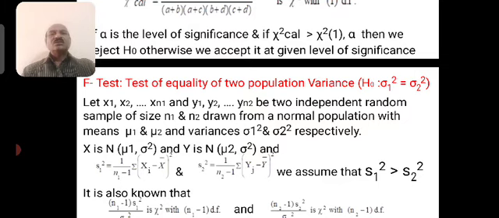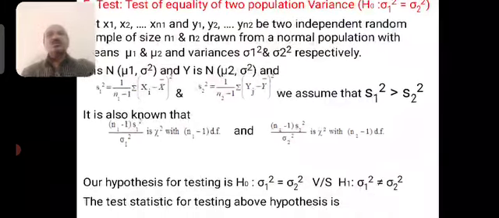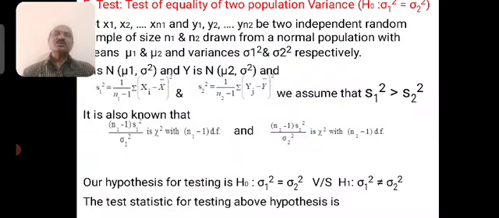Therefore, it is a known result. What are the known results? As already seen in the chi-square test, n s square by sigma square is chi-square. But instead of s, we will use the sample mean square. Then n minus 1 s square by sigma square is chi-square.